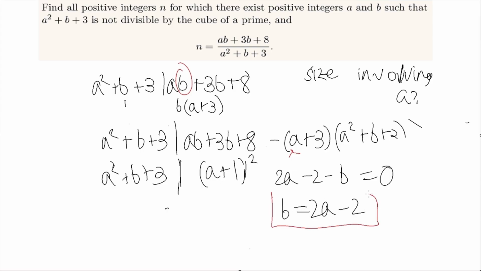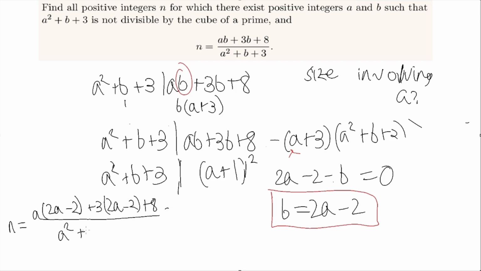This is very, very useful information, and we used size arguments to get there. And now let's try plugging back into this expression here, because it seems like we can do a lot with that. And when we do so, we get n equals a times 2a minus 2 plus 3 times 2a minus 2 plus 8 over a squared plus 2a minus 2 plus 3.